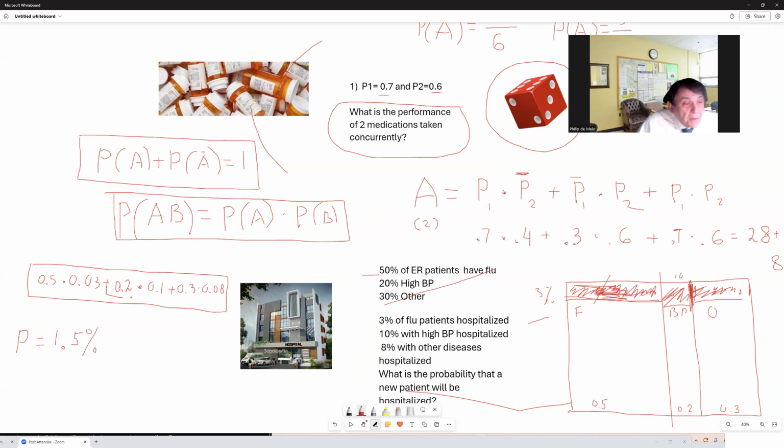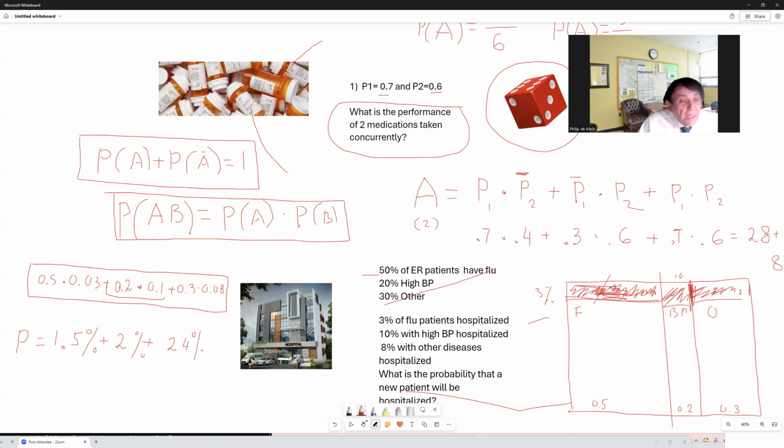This one will give you a probability of 2%. So it is 0.2, which is 2%. And when you multiply this by 100, you will have 2.4%.